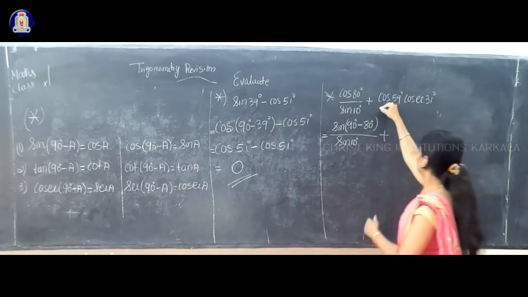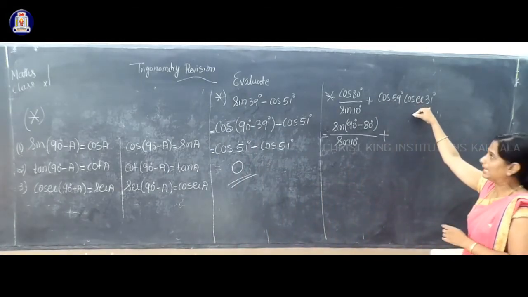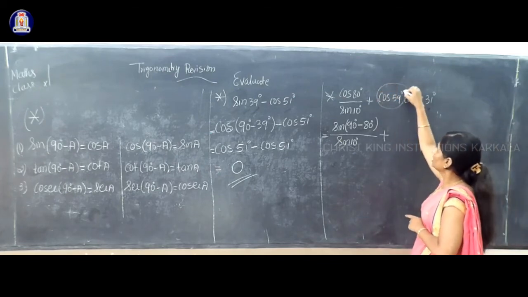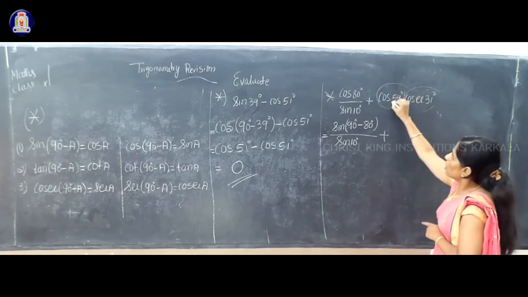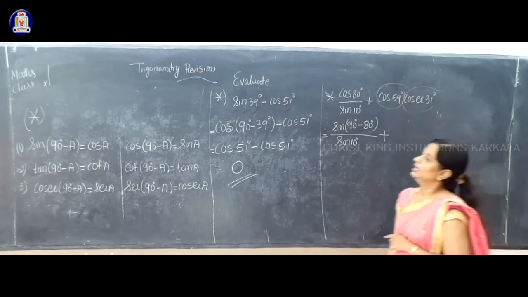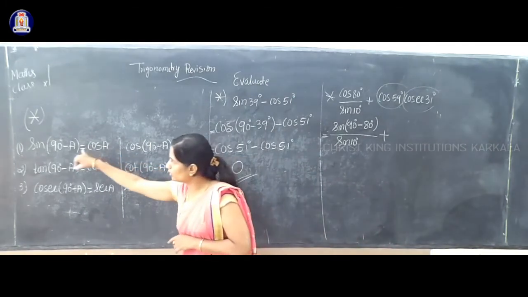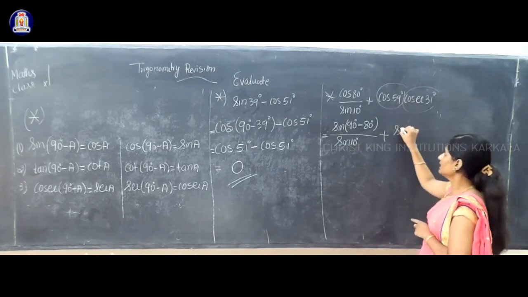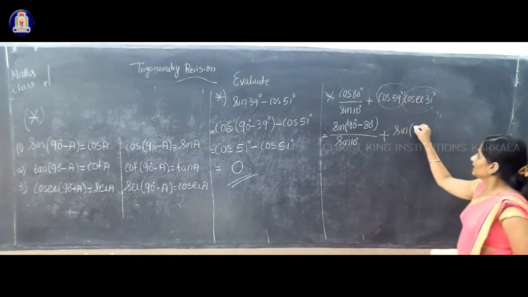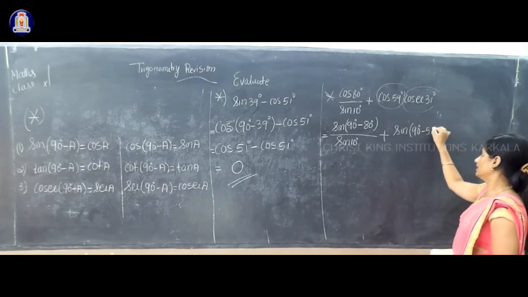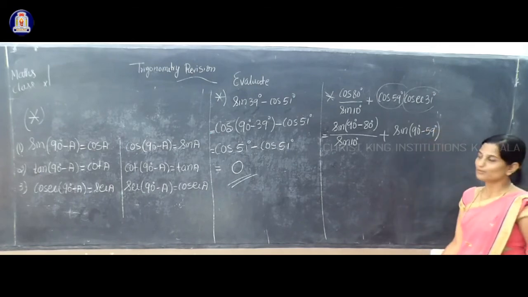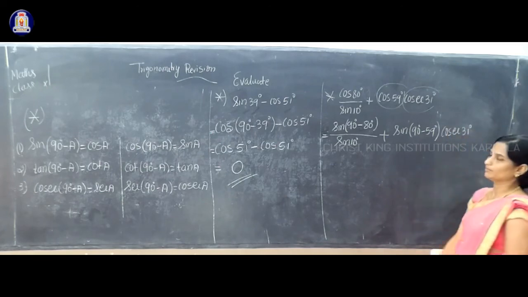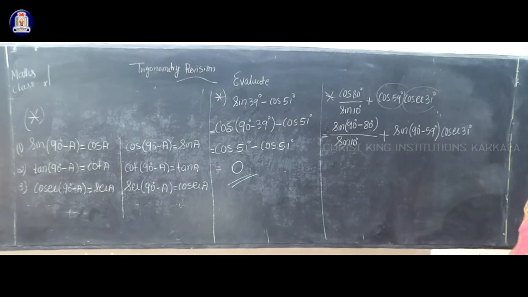Plus, similarly, 59 and 31 are the complementary angles. So now cos and cosecant, either apply to this one or this one. So cos A, I'll apply for that. Cos A is what again? Sin of 90 minus A. So cos 59 can be written as sin of 90 minus 59, into cosecant 31 degrees.